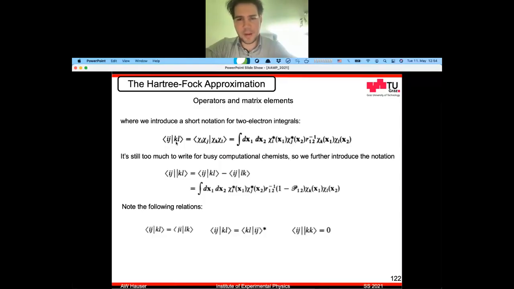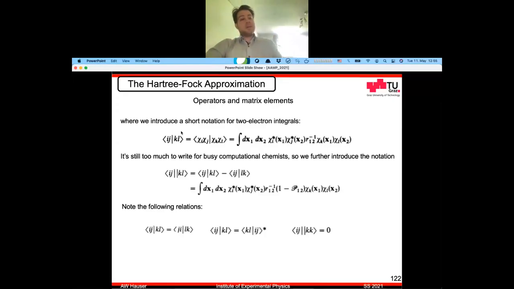So the only thing that remains is the actual indices of the orbitals that are involved. And the electron index is obvious from the bracket notation, right? The first is the first, the second is the second electron. And then on the right-hand side, the first is the first, the second is the second electron.